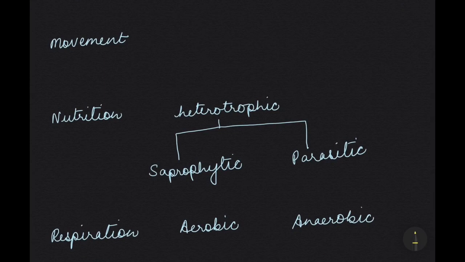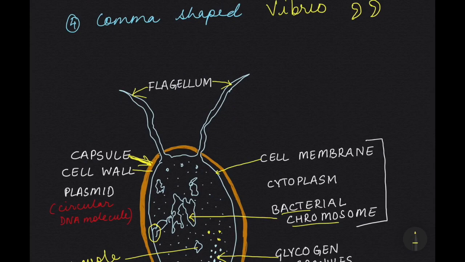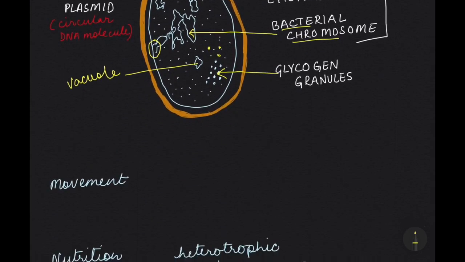Now moving on to the movement. Bacteria cannot move about on their own, but they are carried from one place to another by wind, water, or by contact. Contact means sometimes you may pick up the bacteria and take it with you. And some bacteria whip their flagella. So what do they do with this flagella?